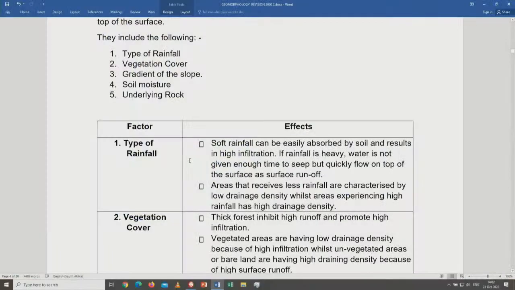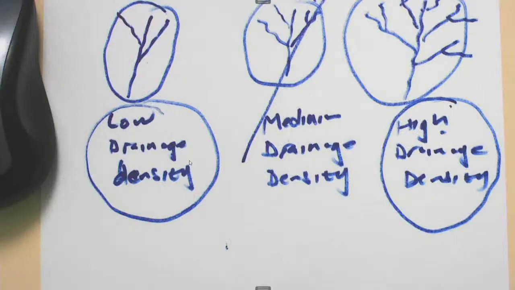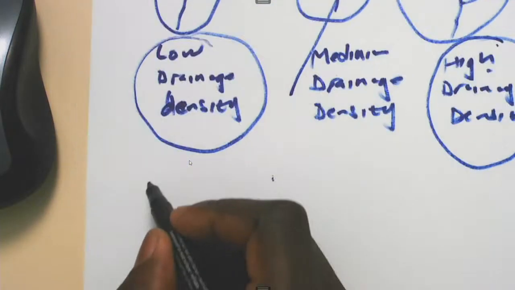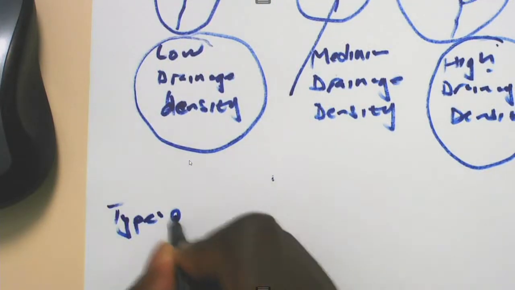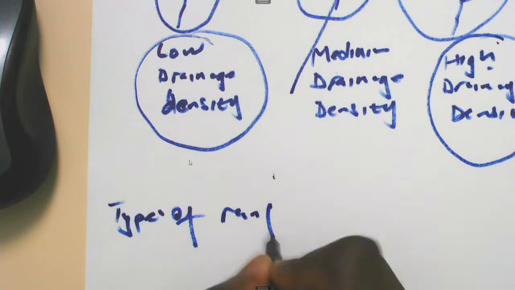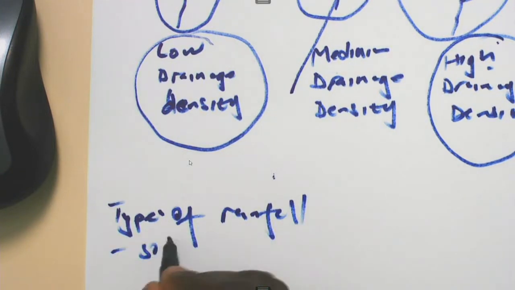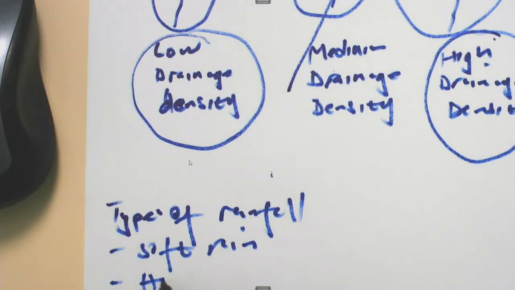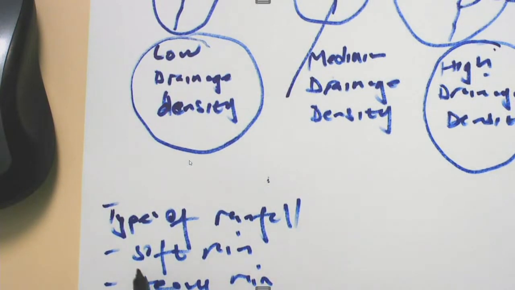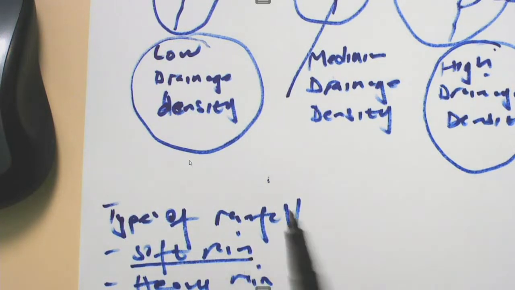If we're having a type of rainfall, we say it's a soft rain, and then the other one is a heavy rain. If we're having soft rain, then the soil will be able to absorb water.